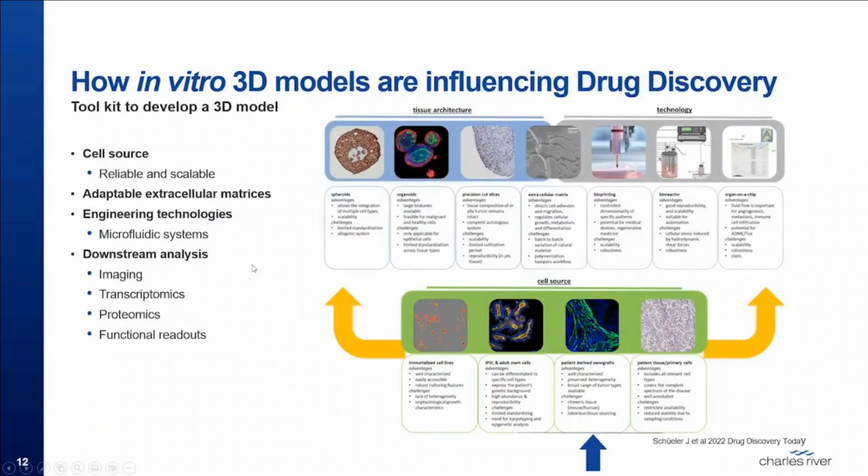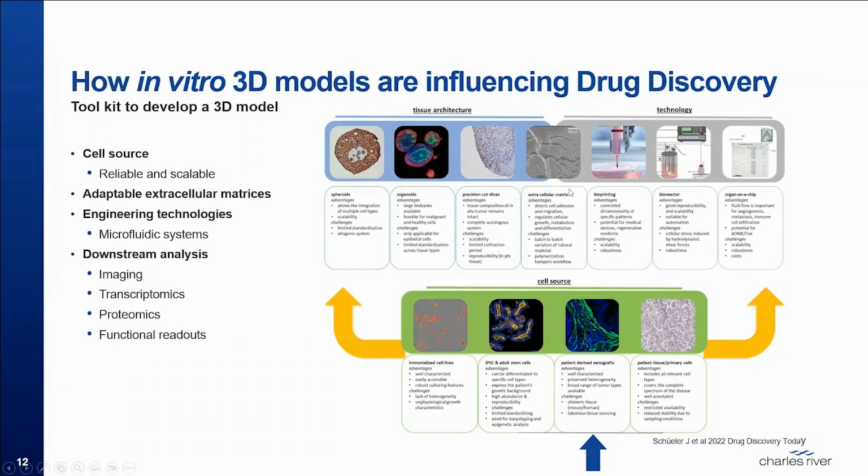In this review, we describe the key components that are needed to build a 3D model. It goes without saying that the cell source comes first. The cells have to be reliable and also scalable. Then you need to put the cells in the right extracellular environment, like ECM, and also all the other components that make the cells feel as in vivo.